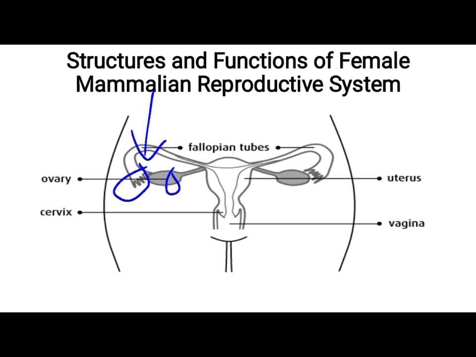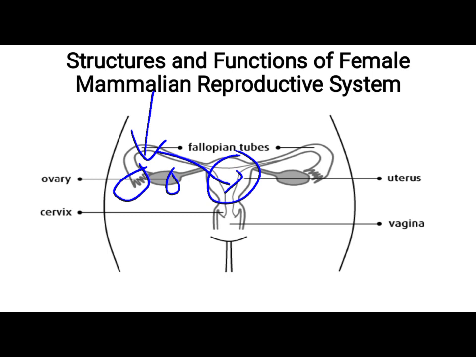Okay, so the cell becomes a blastocyst, and it will now begin to move from this point to the uterus. This is where you have the uterus, and that is where what you call implantation will take place. Implantation will take place at the uterus, or what you can call the womb.